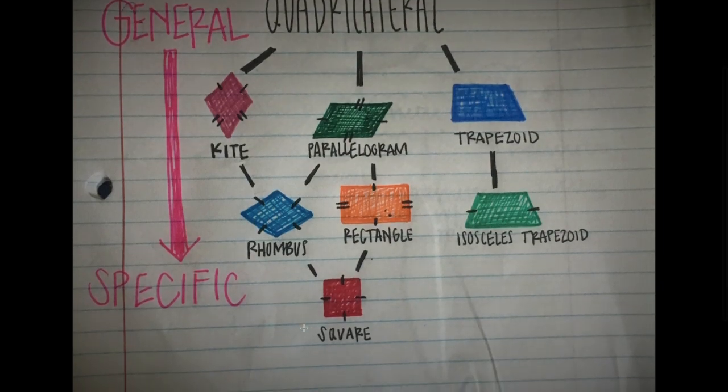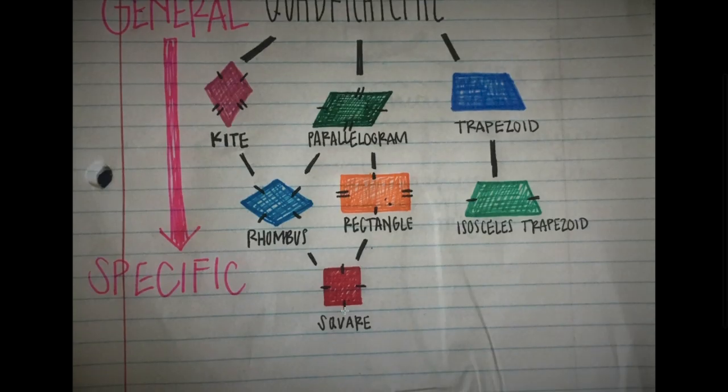So, I'm going to give you two statements and I want you to think to yourself which one is correct and which one is incorrect. Okay? So, I can say a square is a parallelogram or a type of parallelogram.